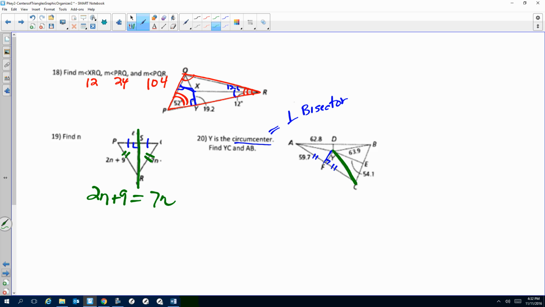And for the perpendicular bisectors, from the circumcenter to the vertices, they're all equal distance. So because I already know that segment is 63.9, then YC is also 63.9. And then they want me to find AB. Well, if it's a perpendicular bisector, it bisects the segment. So if I know AD is 62.8, I know you can get AB.